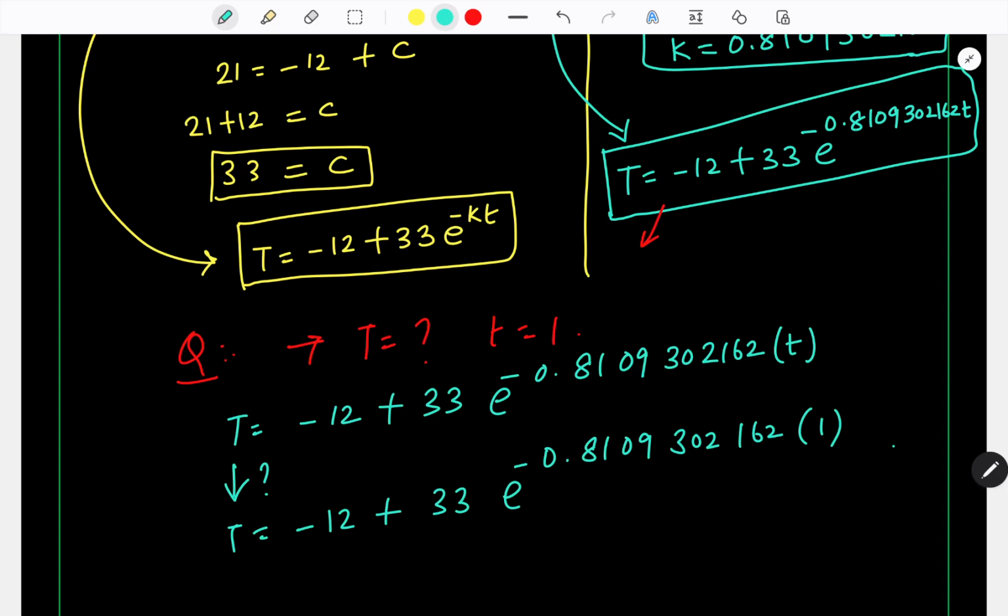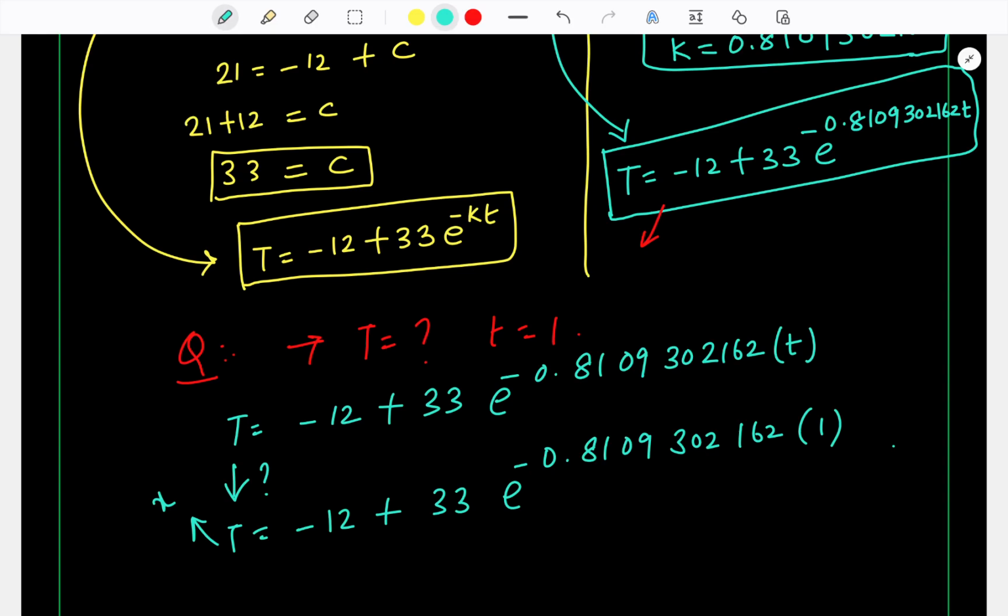So what we need to do is type it again in the calculator. Capital T is alpha x alpha equal minus 12 plus 33 alpha e power minus 0.8109302162.